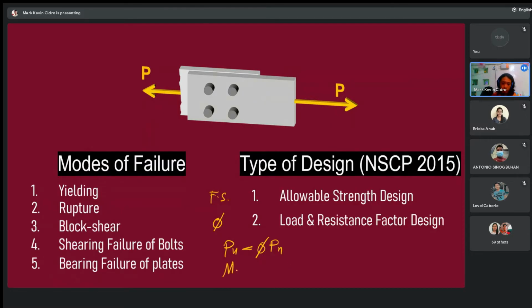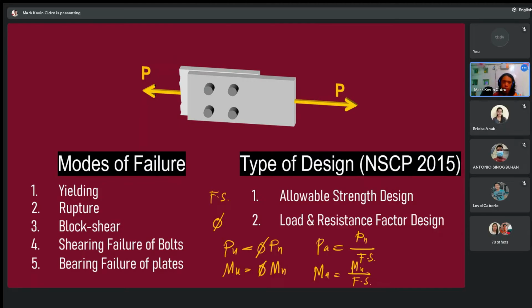Same with Mu, which is the reduction factor times Mn, the nominal moment. For allowable strength design, Pa, the allowable, is equal to Pn, the nominal, divided by the factor of safety. And Ma is equal to Mn, the nominal moment, divided by the factor of safety.